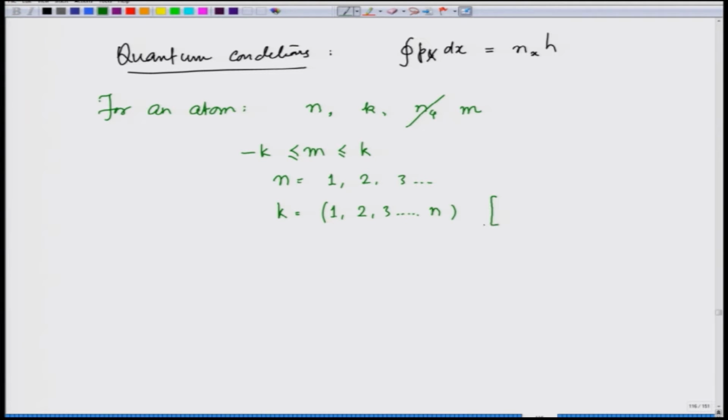Remember, n_r + k is equal to n, and n_r could be 0, 1 and so on.